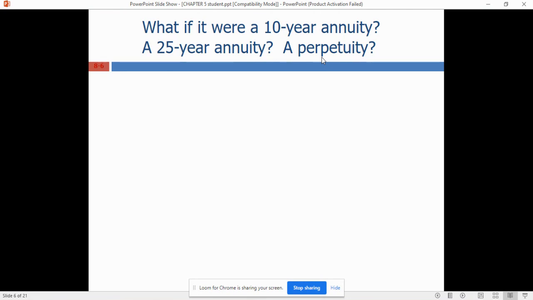Your I is still 10%, and you're required to calculate the present value annuity by changing your N to 10, N to 25, and to perpetuity. So why don't you pause the video and compute, especially the first two, 10-year and 25, because you're just changing the N. For perpetuity, if you don't understand, you can just wait for a while, then I will show you the formula for it. Okay, pause and do it.